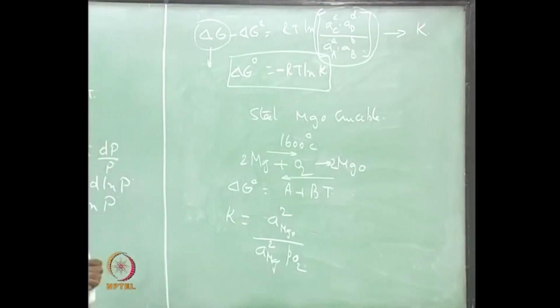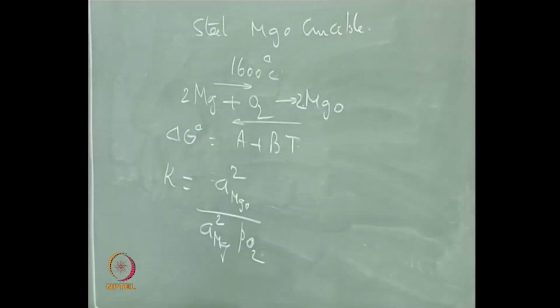The point is, at that particular temperature and pressure, whether this will happen or not. For example, this melting is taking place in a furnace where there is a certain oxygen partial pressure.